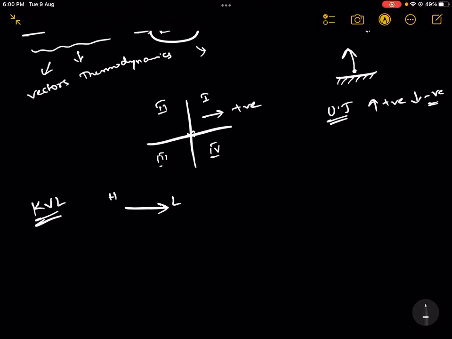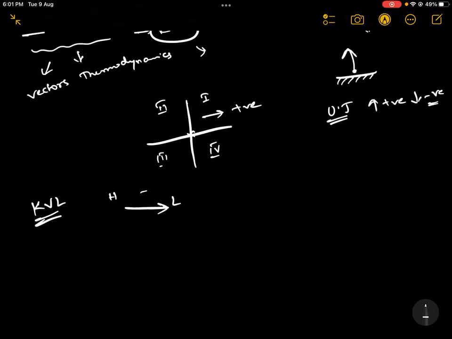When I say the top floor is my reference point and I throw the object down, which energy is decreasing and which energy is increasing? Potential energy is decreasing, whereas kinetic energy is increasing. Since I'm talking about KVL, potential, I took potential energy into consideration. And I said that when I move from high to low, I'm losing energy. When I lose energy, what significance do you represent? That is why I took it as negative.